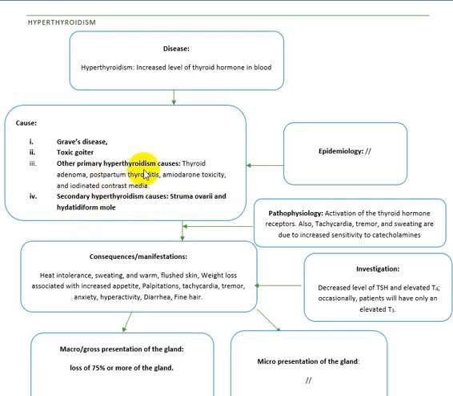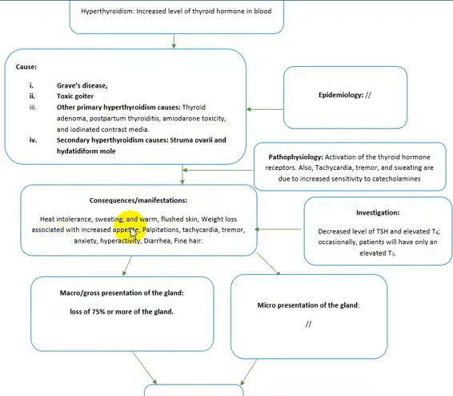The primary ones come directly from the thyroid. Now epidemiology, nothing is said on that.